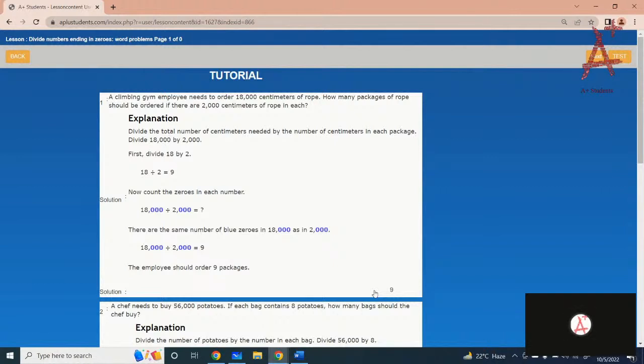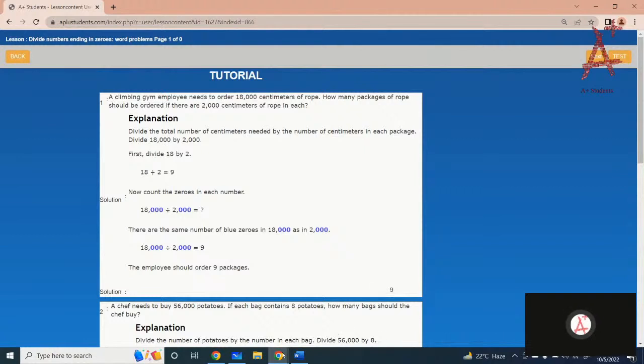A climbing gym employee needs to order 18,000 centimeters of rope. How many packages of rope should be ordered if there are 2,000 centimeters in each? Got it?